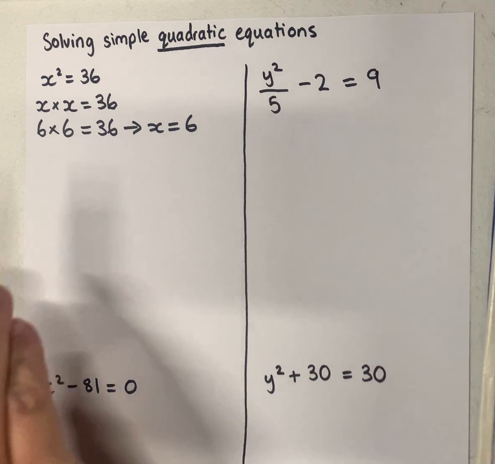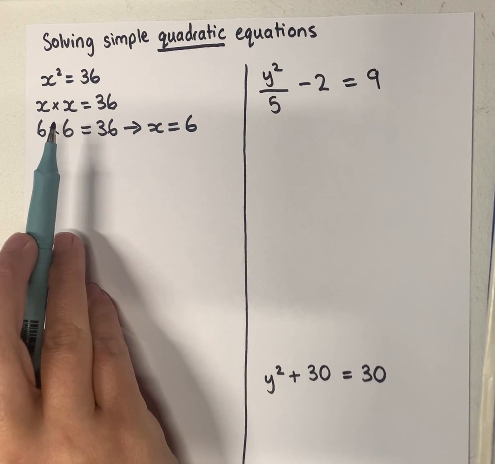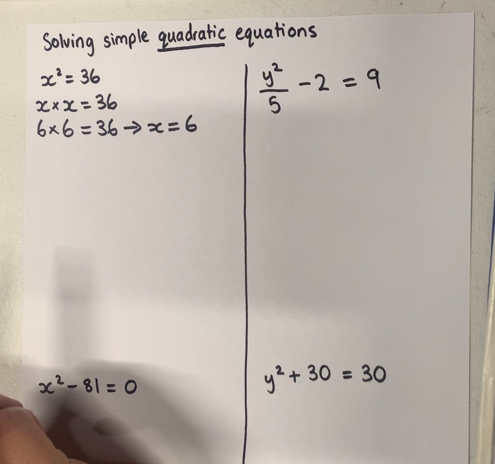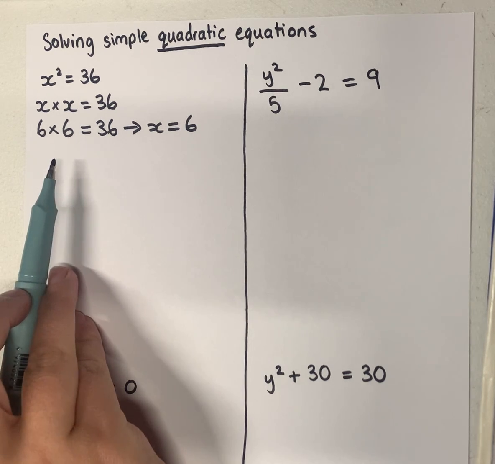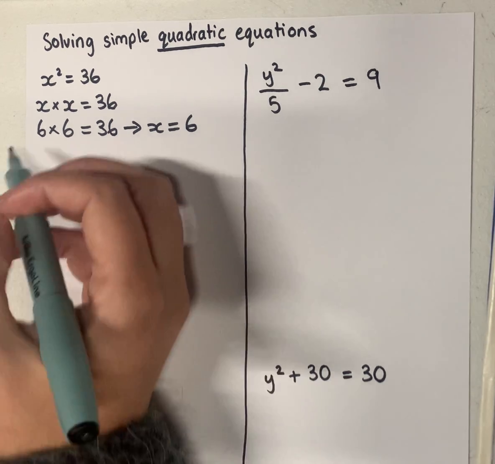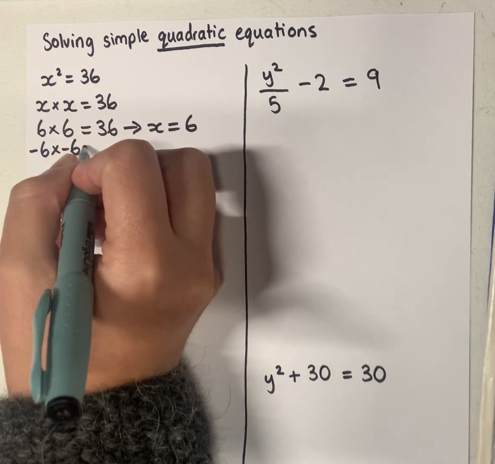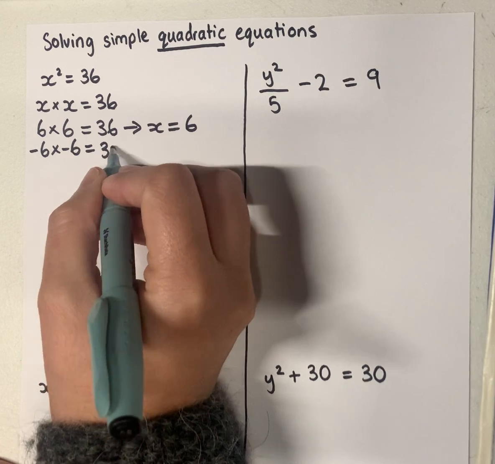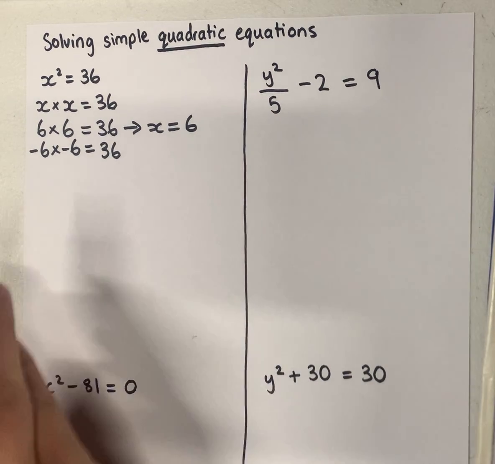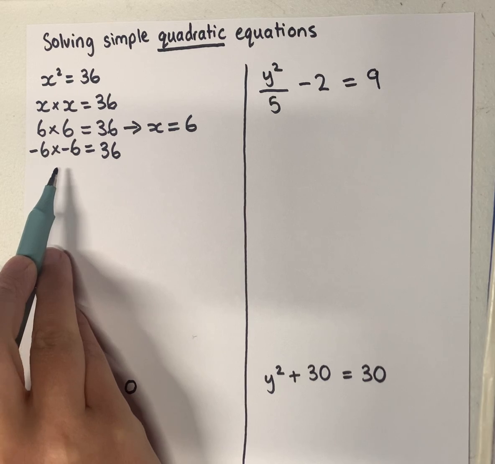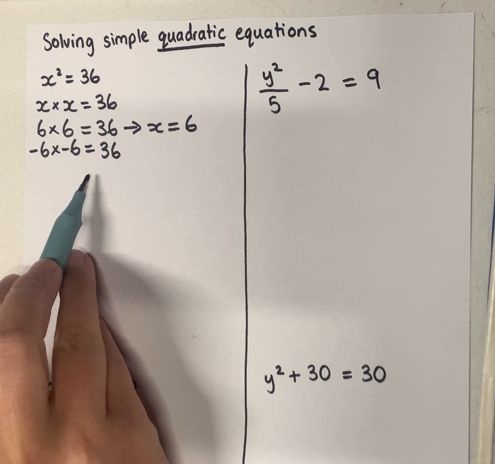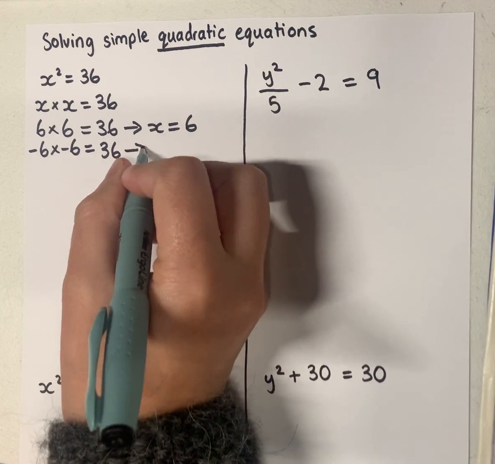Now with quadratic equations, generally speaking, there are going to be two solutions. And the other solution to this equation is actually minus 6. Because we also know that minus 6 times minus 6 is 36. We know that a negative number times another negative number gives you a positive number. So that means that there are two solutions to this equation.